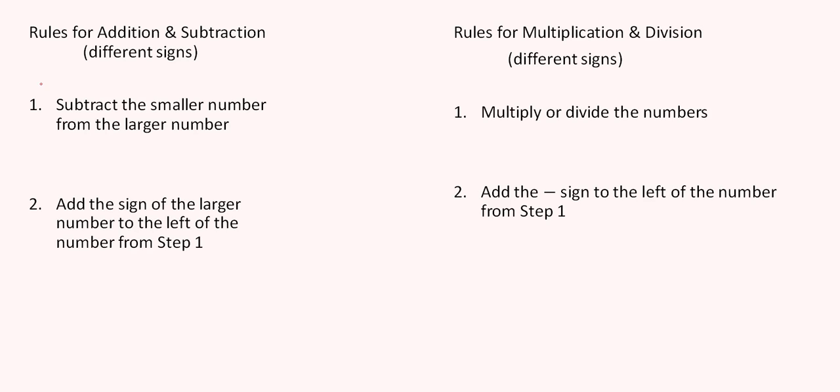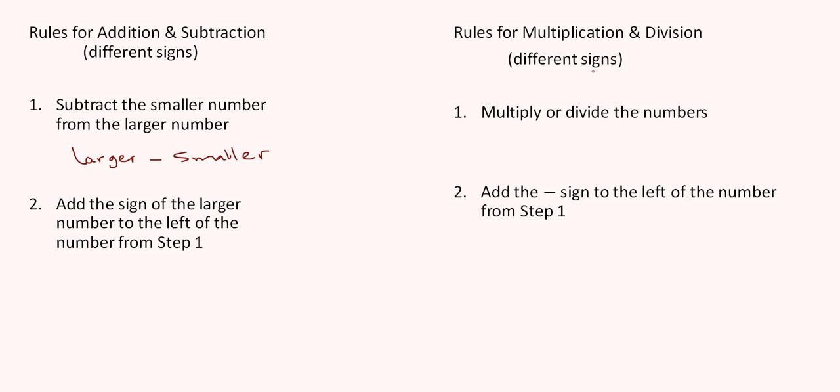Let's look at different signs. When the signs are different with addition and subtraction, you want to always subtract the smaller number from the larger number. That means larger minus smaller. And then we're going to add the sign of the larger number to the result of step 1.